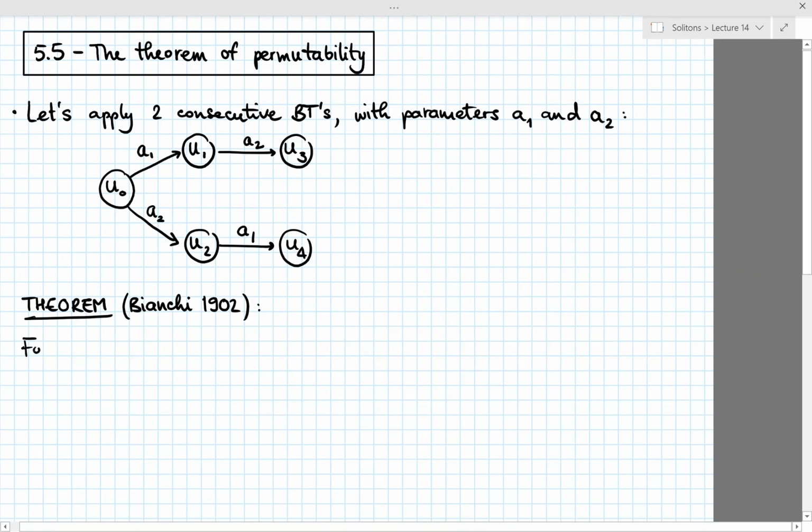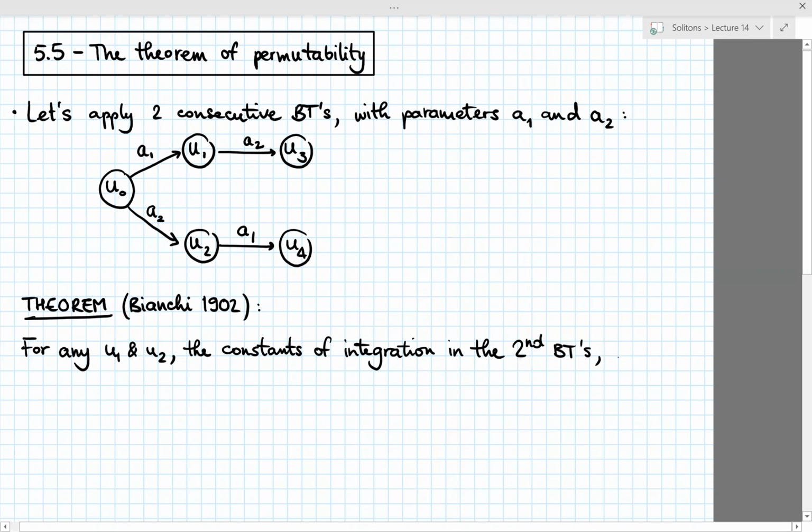The theorem states that for any U1 and U2, the constant of integration in the second Backlund transform, which generates U3 and U4, can be arranged in such a way that U3 is equal to U4.